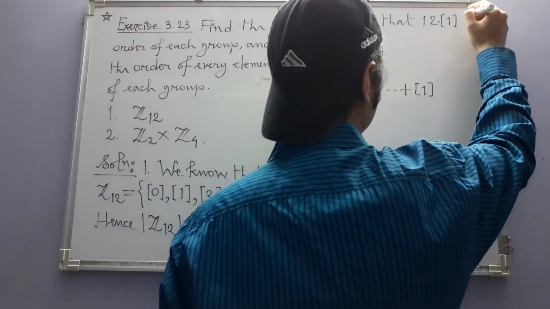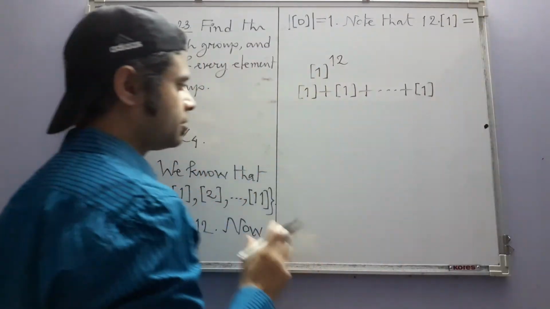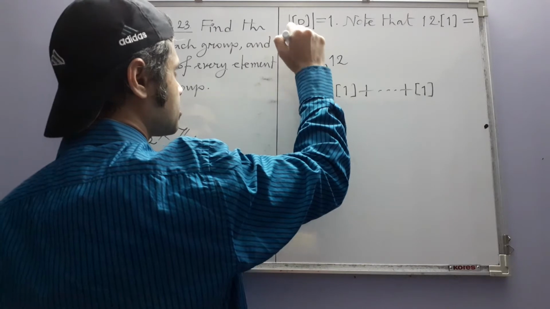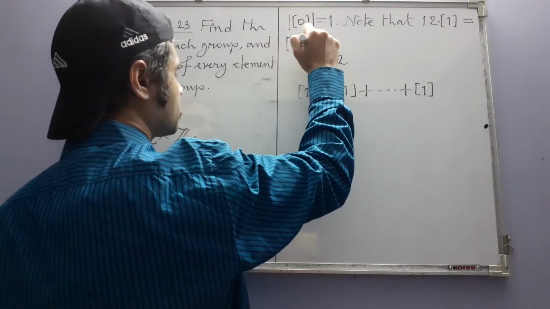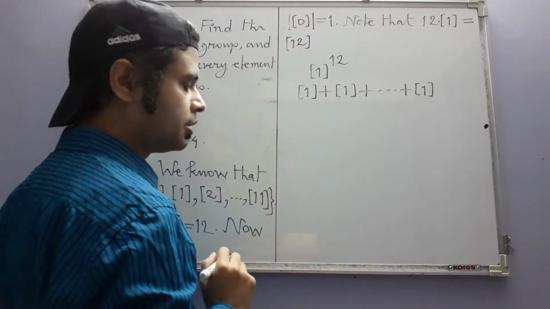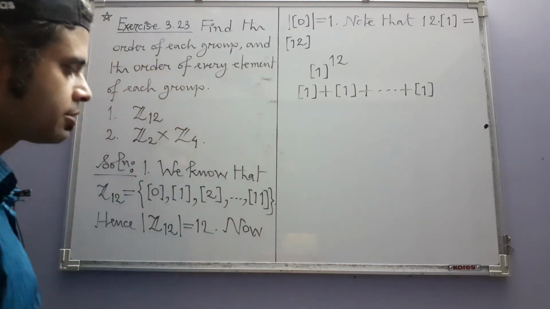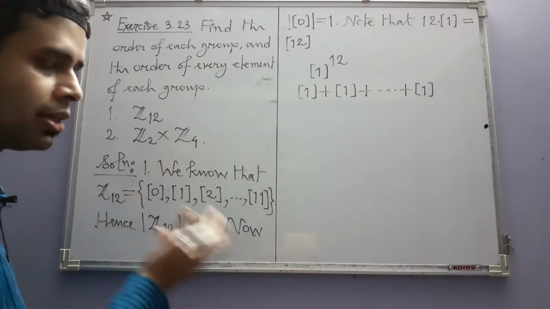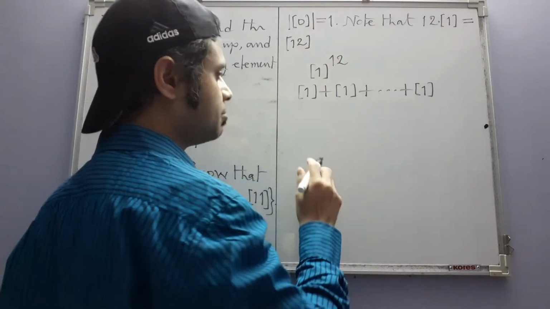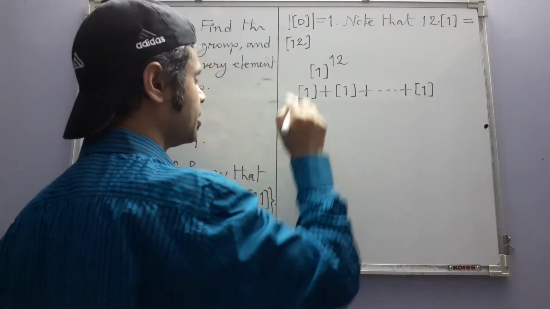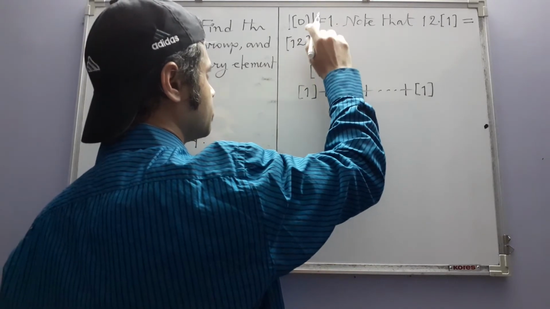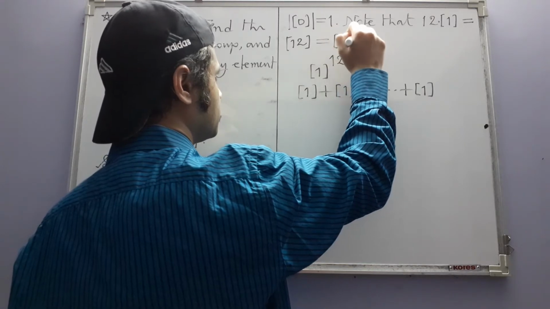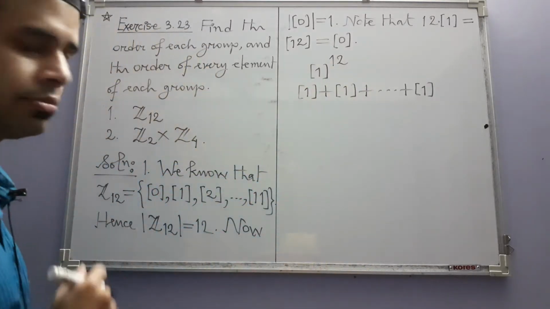So you can see that this becomes, by the definition of addition modulo 12, equal to the congruence class containing 12, but because the modulus you have here is 12 itself, and 12 leaves the remainder 0 when divided by 12, this is equal to 0, which is the identity element of the group.